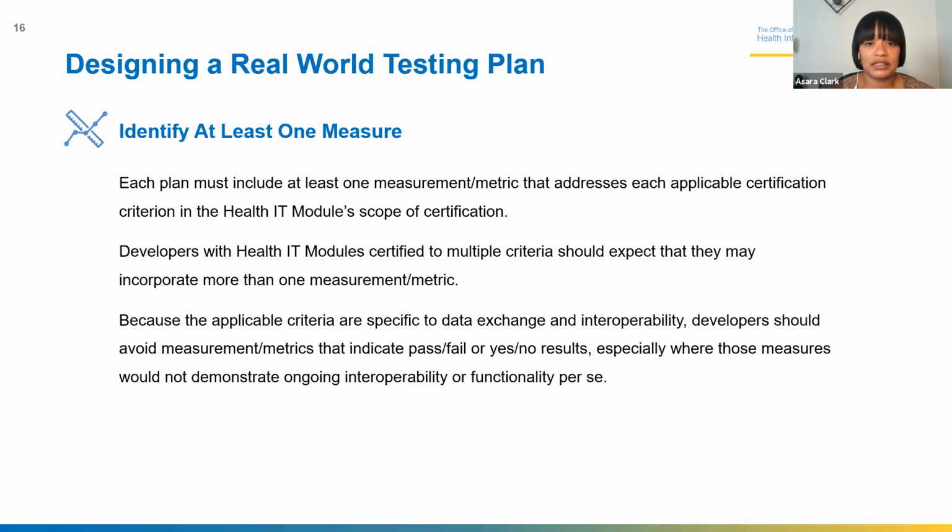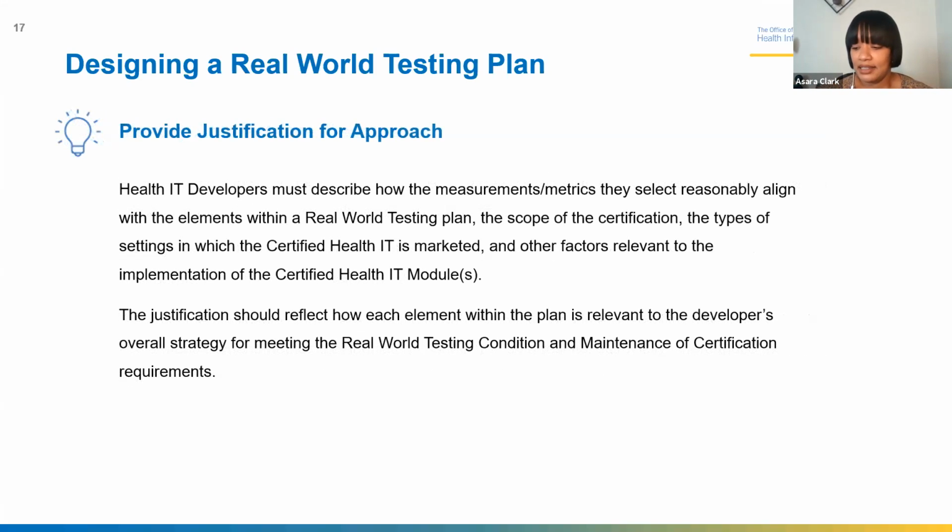It must include, again, at least one measurement or metric. Developers certifying health IT to multiple criteria may expect that they could consider more than one. And because applicable criteria is certified to data exchange and interoperability, we want to avoid yes, no, pass, fail measures, okay?